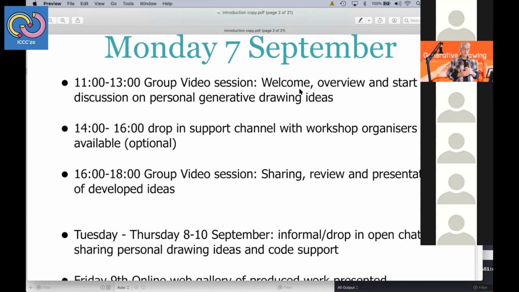And then between 4 p.m. and 6 p.m. at the end of the day today, hopefully we can all come back together and share video and talk about the experience of doing this workshop, what we found. Hopefully you will share some of the things that you've made and built, and we can collate them. And that will be officially the end of the workshop running today.